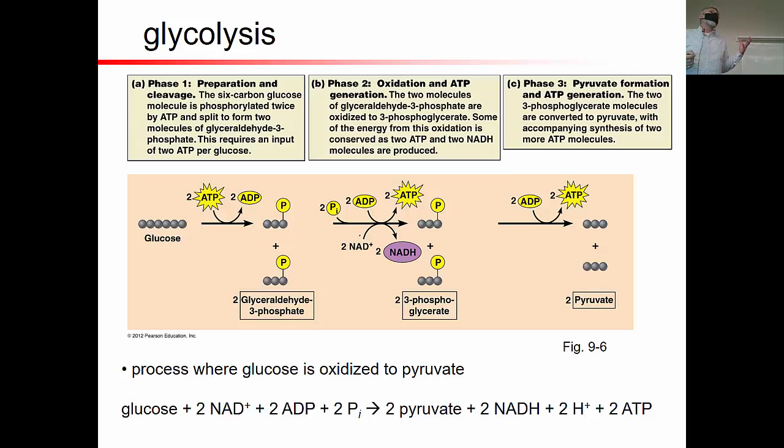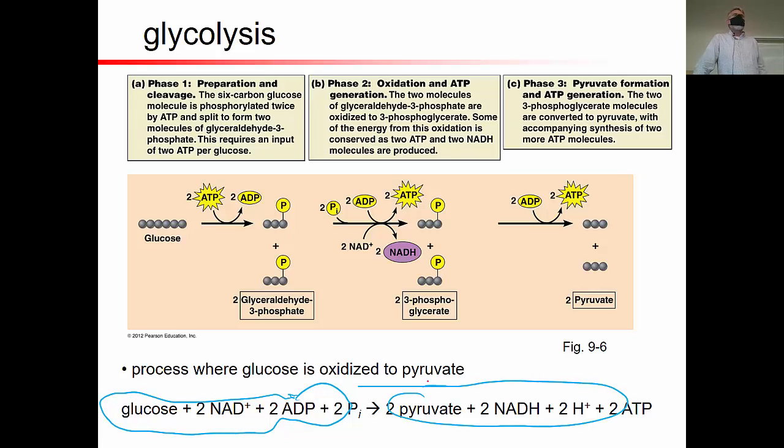I just want to give you the take-home or the important points of it. What you should know about these pathways we talk about is what goes into them and what we get out of them. And here, at the bottom, is shown what goes in and what comes out.